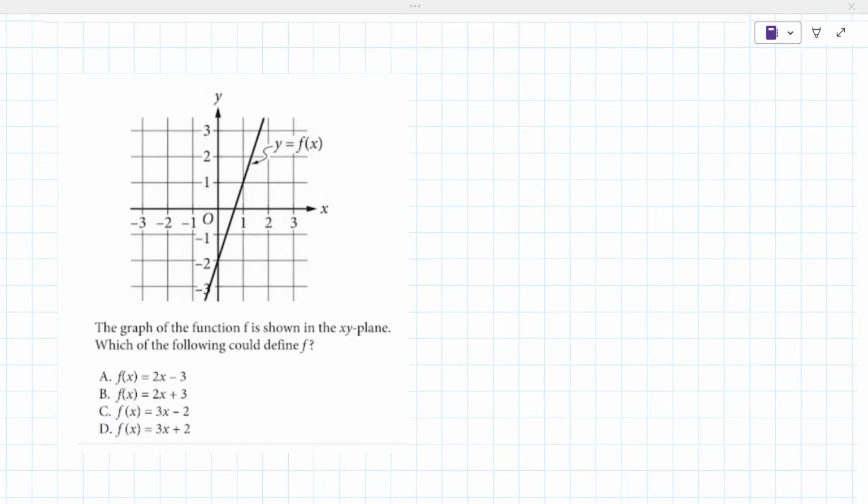Or just what is the answer? But sometimes that's a way to get it down, if you can eliminate one of them or some of them.